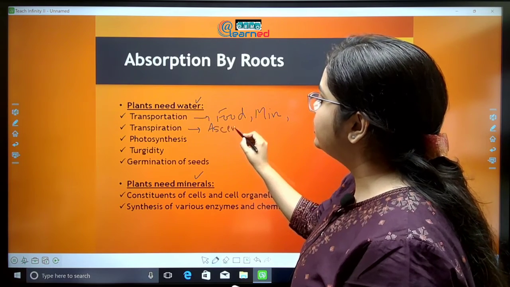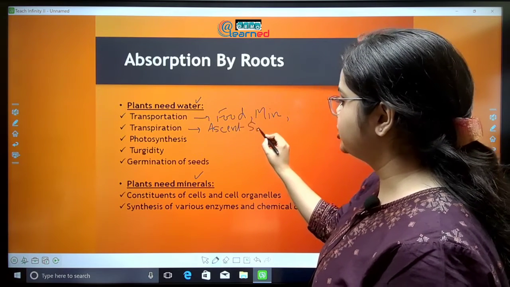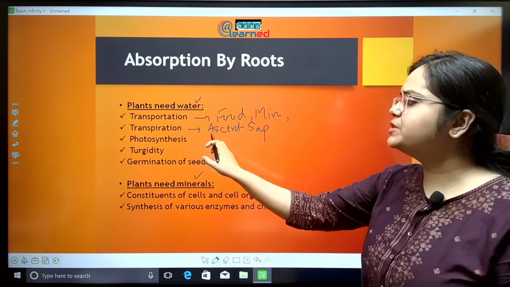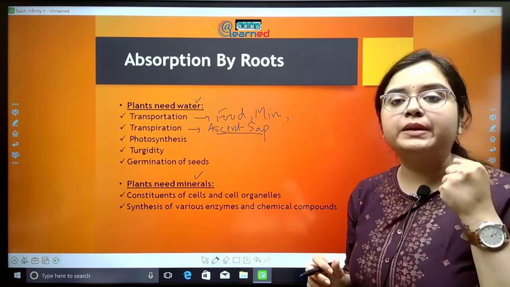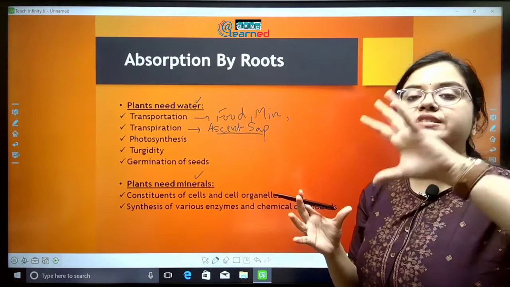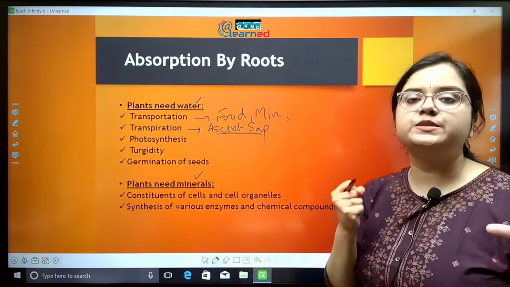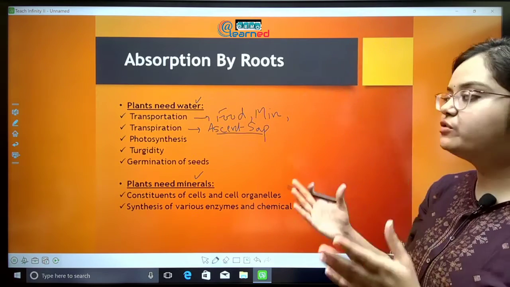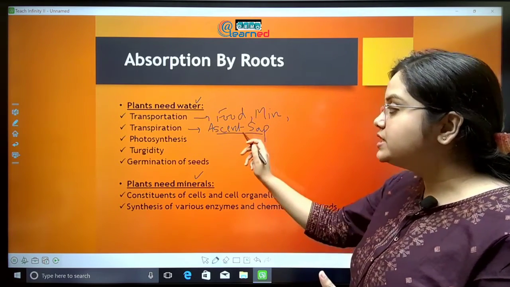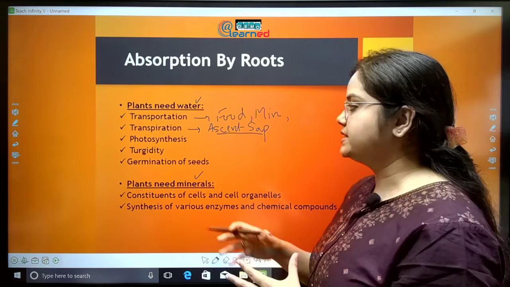As you will learn in the future slides, transpiration helps in the ascent of sap, that water is being taken in by the plant because some water is getting evaporated. Water is being taken up by the leaves of the plants. In this way water is getting transported.